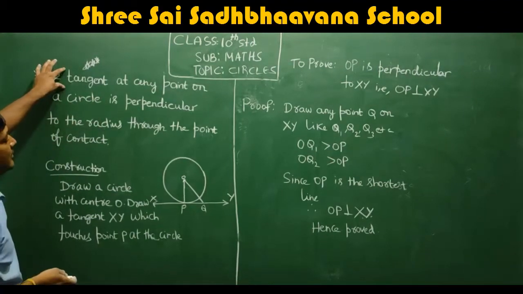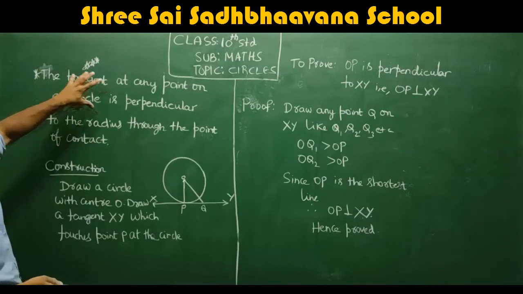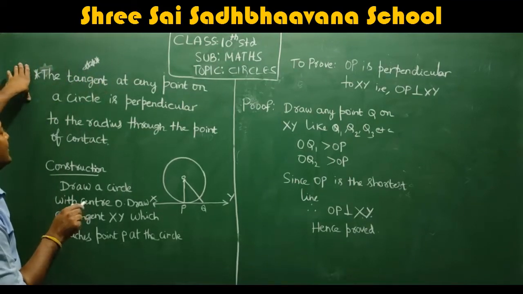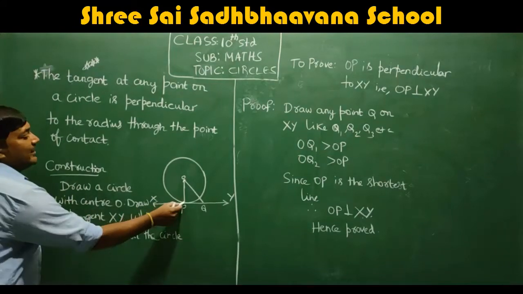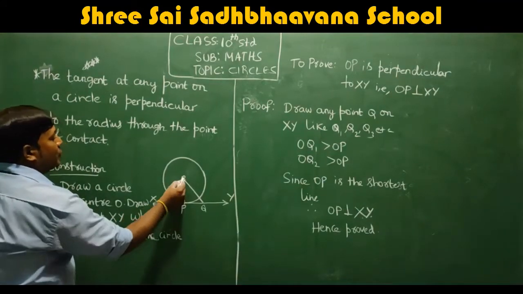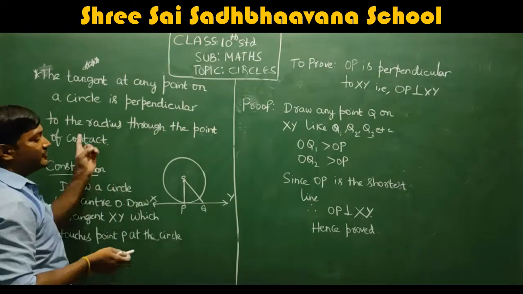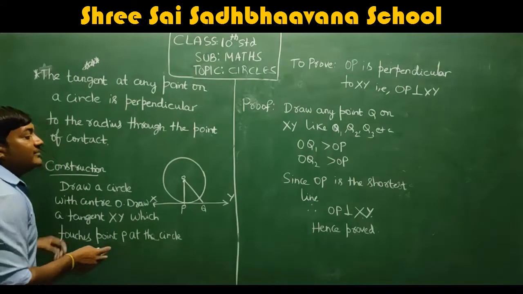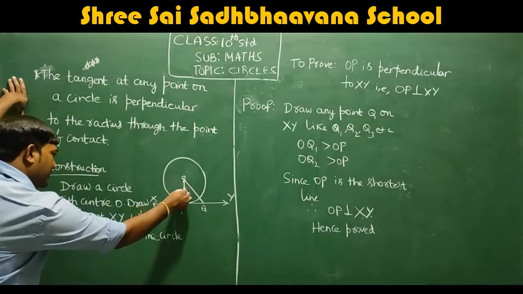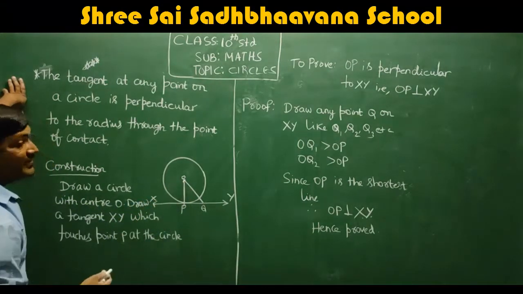The tangent drawn at any point on a circle is perpendicular to the radius through the point of contact. It means we have to prove that the line drawn through the radius, this is the radius, right? So OP is the radius.